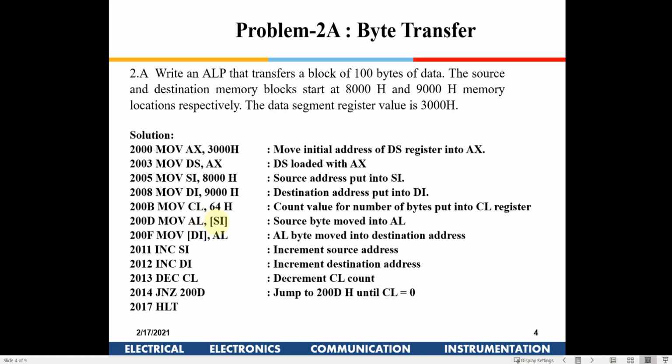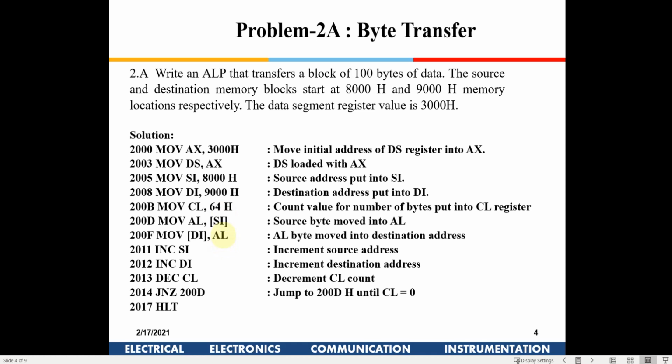No, I can still write SI. Yeah, but if you write AX, it will take 1 word instead of a byte. And then I write AX here also, right? So if instead of AL I replace it with AX, it will fetch one word, that is 2 bytes, and it will push 2 bytes here. Okay, so this is taken care of.